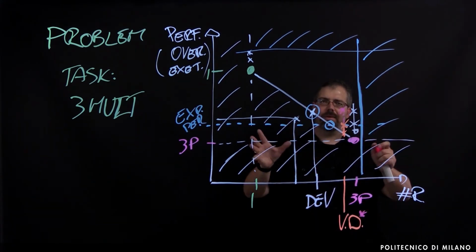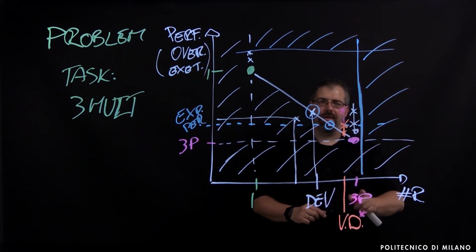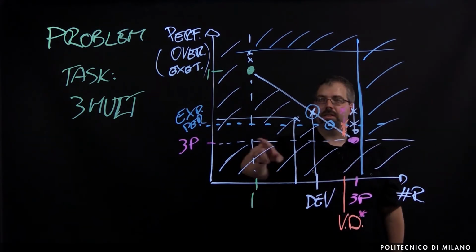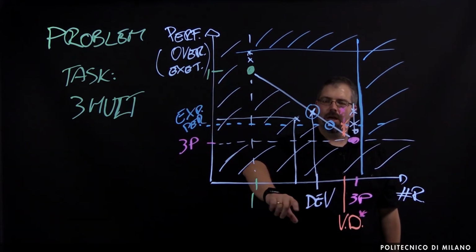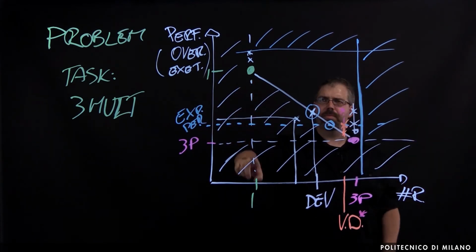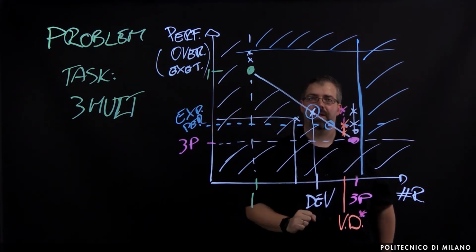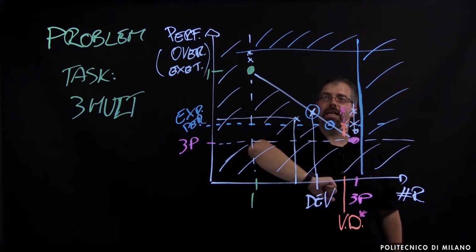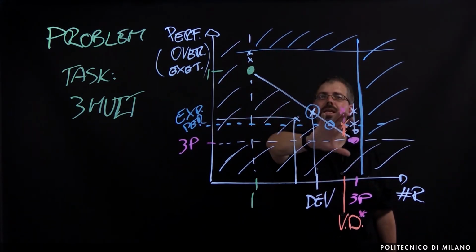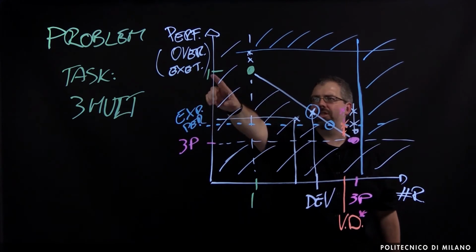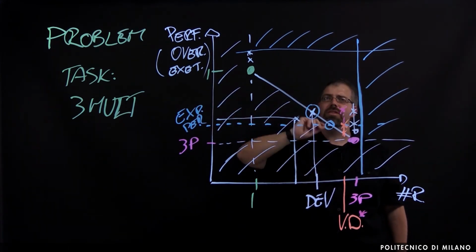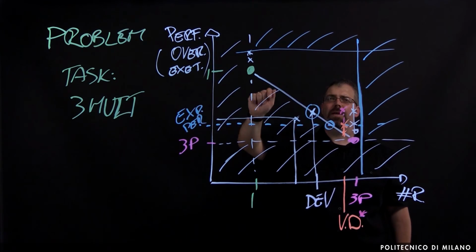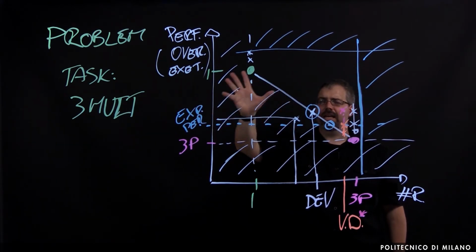So let's try to sum up all the things that we have seen. We have the optimal solution in terms of peak performance. We have the kind of worst implementation in terms of peak performance, but we also have a solution space, a design exploration space that we may have in order to play not just with peak performance, but also take into consideration energy, power, latency, and so on and so forth.